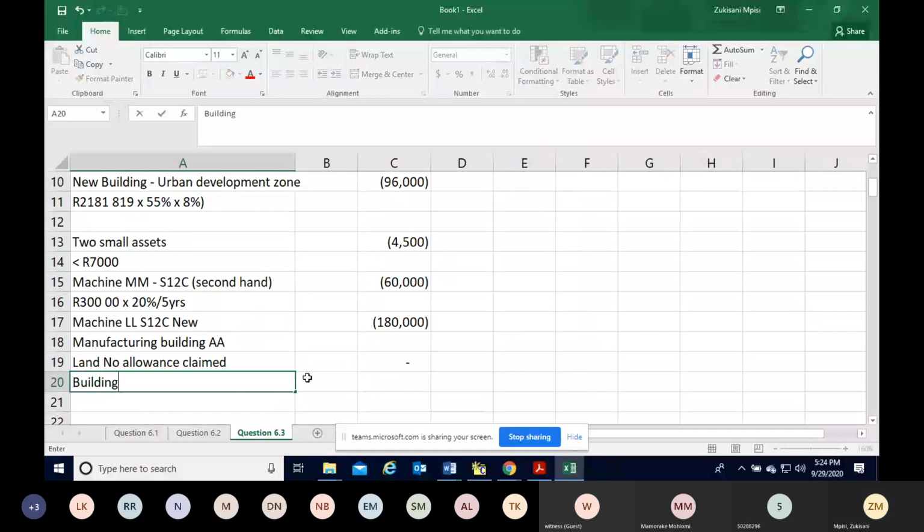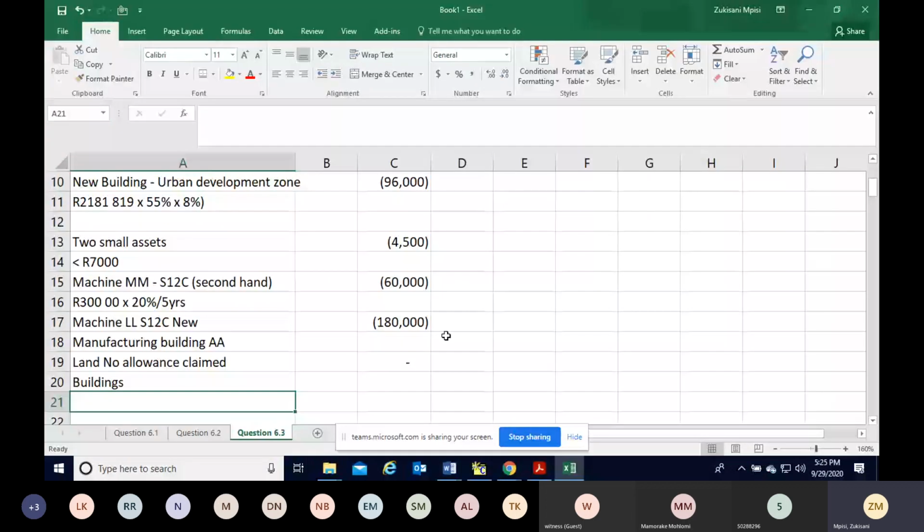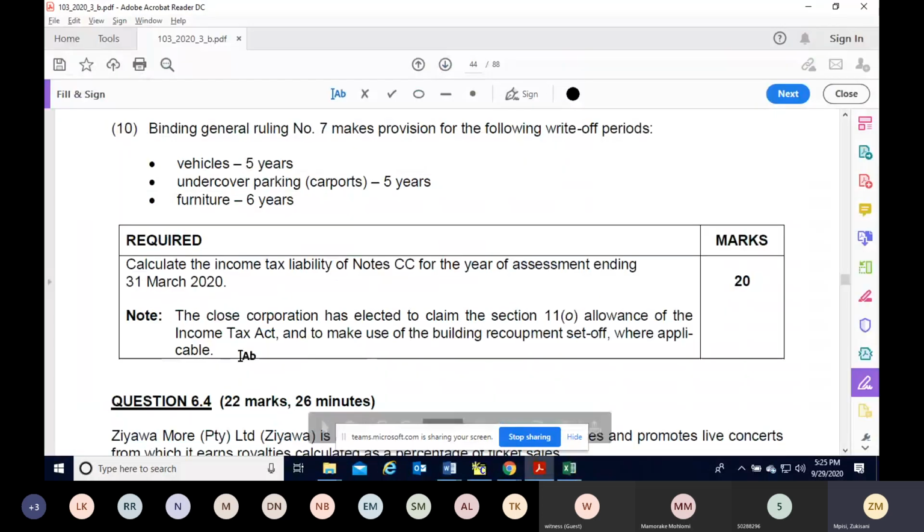So we deal now with the second part, which is the buildings. The first thing, remember on the question we were told that we made use of building recoupment set off. What does this mean? It means that the recoupment which we initially had on the building that we sold will be used as a set off in the building that we are purchasing as a replacement, because that was not our intention in terms of this building.